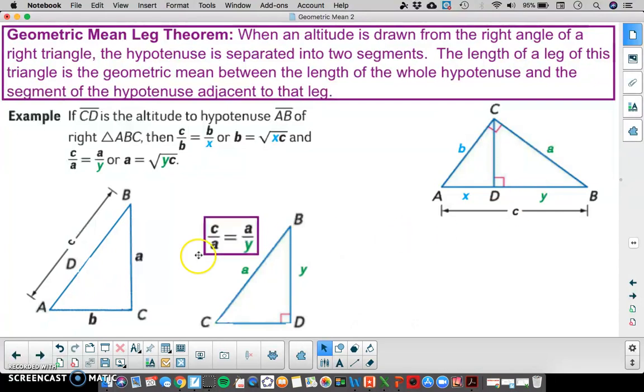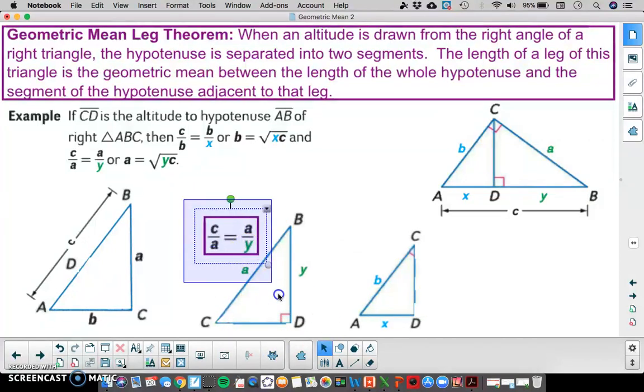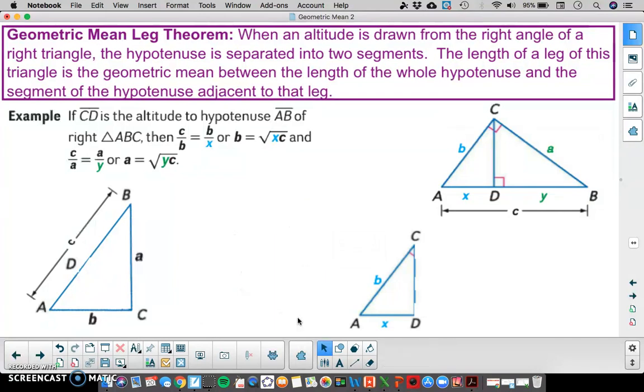Now we're going to compare the larger triangle to the smaller triangle. So we're not using this middle one at all. Let's go ahead and get rid of it. So we have the larger triangle and the smaller triangle that we're looking at.